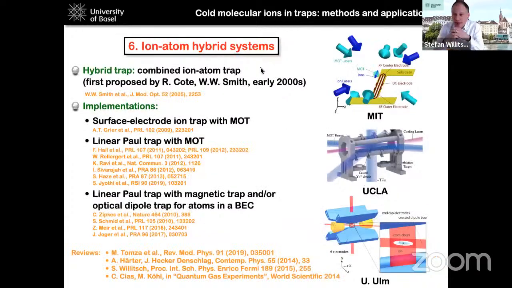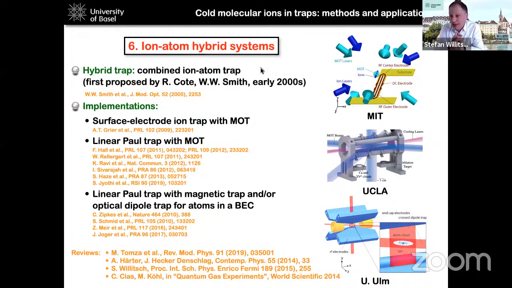Right. So let us now come to a few experiments. I already said that I will focus in my talk on ion-atom hybrid systems. Over the course of this school, you have heard about atom traps, ion traps, molecule traps.